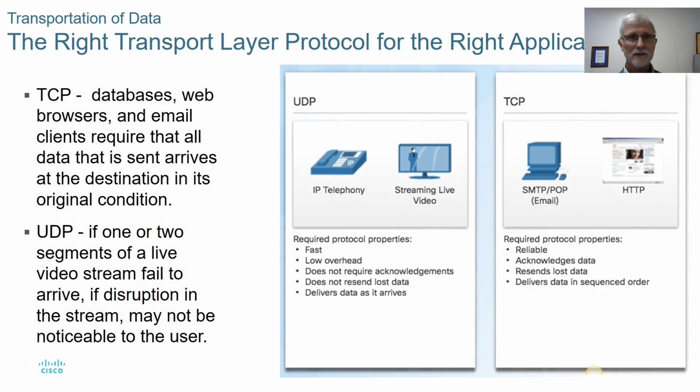Now, the question is which applications do you choose? For TCP, you want to use it for databases, web browsers, email. For UDP, streaming video, or some email that just says, I've stored it someplace else, I don't care. So if it doesn't get through, I still have it.